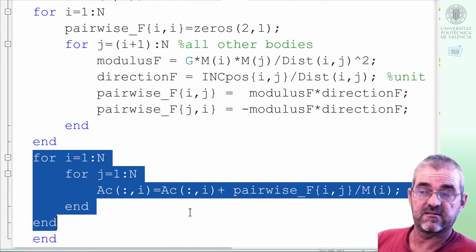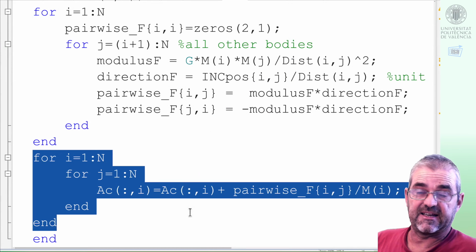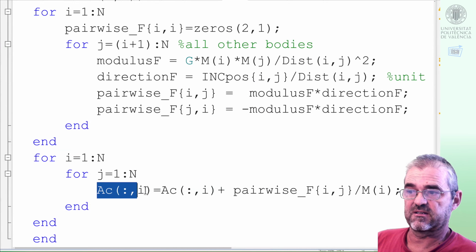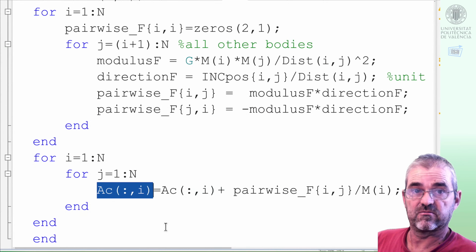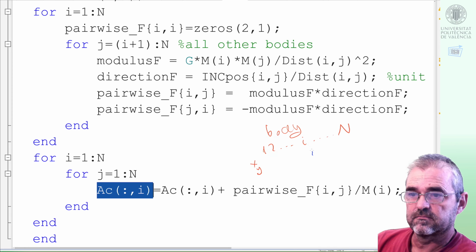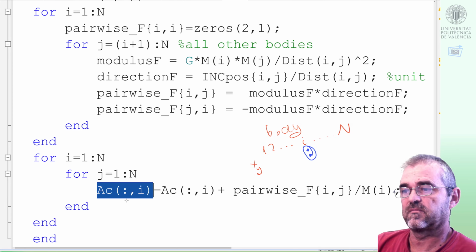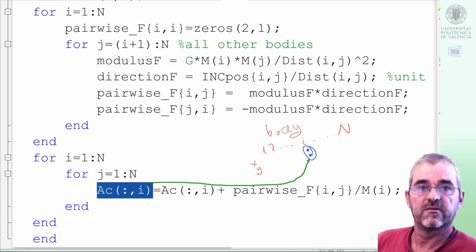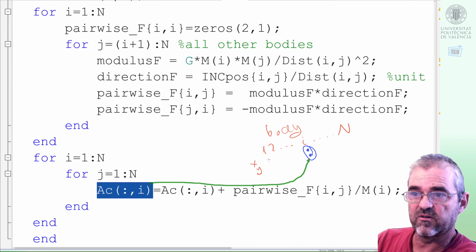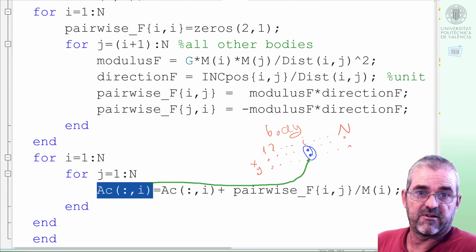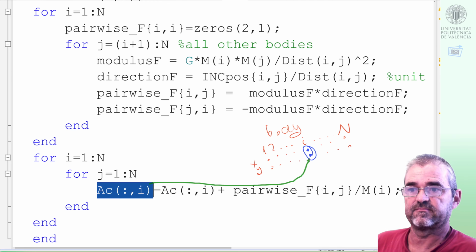So with this last nested loop, I compute the acceleration vector x y in a column that I put in column i corresponding to the body. I am computing this element of the overall acceleration AC matrix in which I store everything.